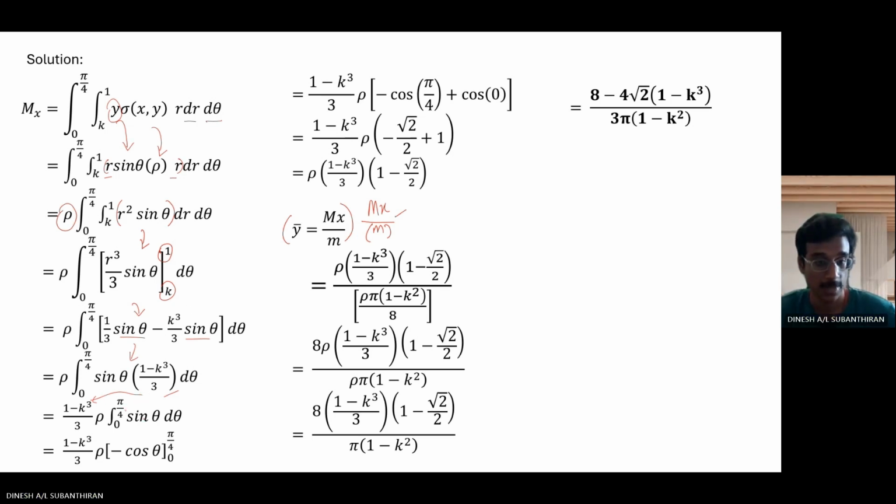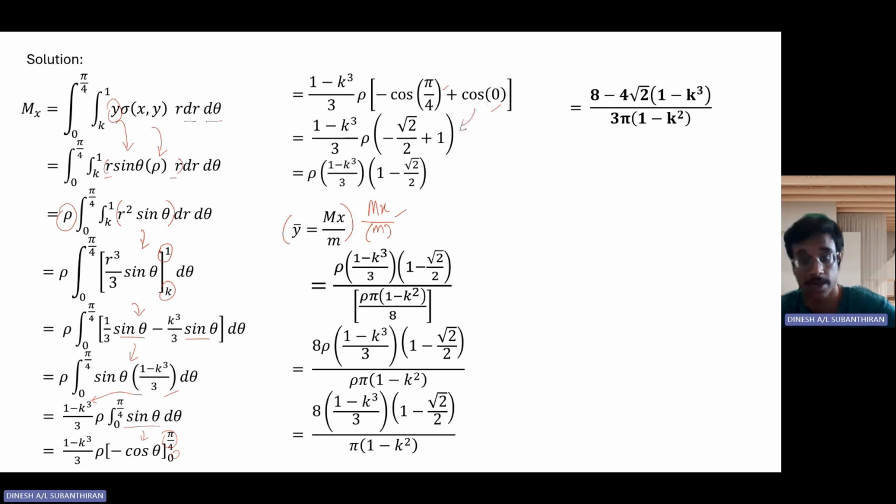And sin θ will be integrated and will become negative cos θ in brackets π over 4 and 0. So we have to substitute the π over 4 and 0 for theta. So the value will be negative cos π over 4 plus cos 0.